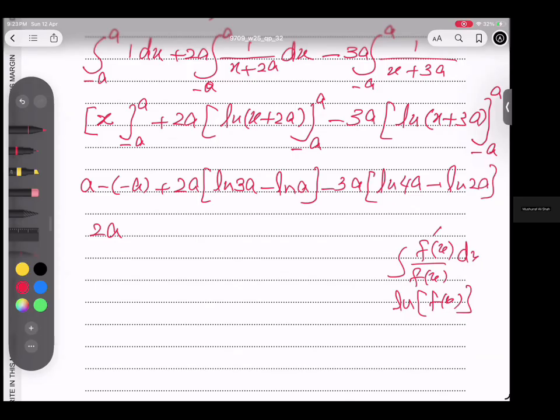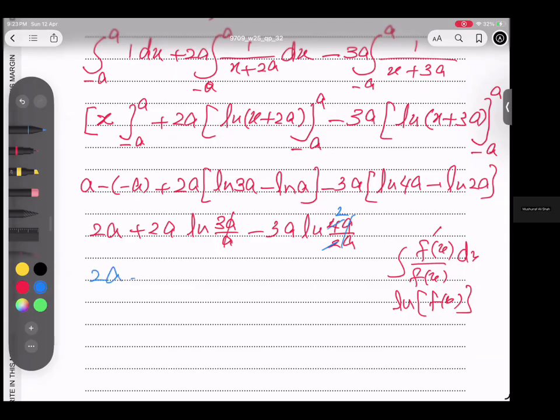Let me recheck. Yes. Students, whenever there is a negative in the middle, we can write log of 3a by a, and this a cancels out. Same story here: we write log of this up and this down due to the negative sign, so 4a by 2a, this a cancels and we get 2.